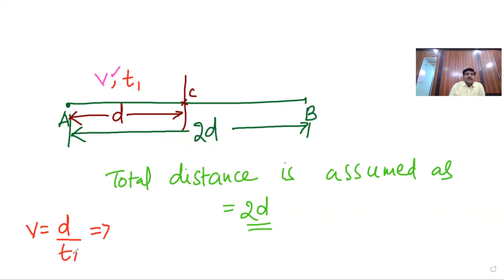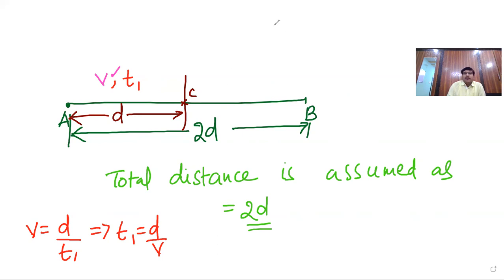Clear? So I need the time T1. T1 is equal to D by V. I got the time here. Unknown time I got it.